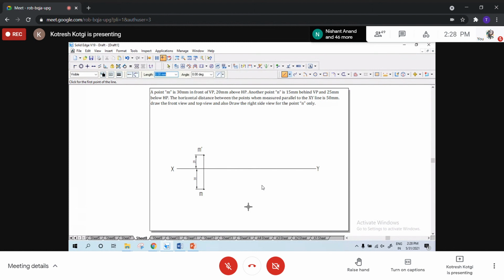So manually you can't draw the front view and top view of N first and then fix the 50. That is not possible, because since we are doing it in software, it is possible here. When you are solving manually, first fix the 50 mm distance. At that point, draw a vertical line. What is that vertical line?